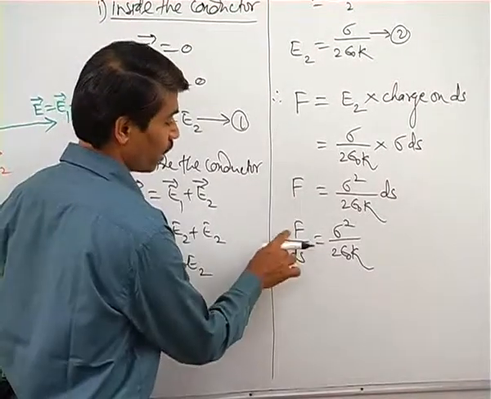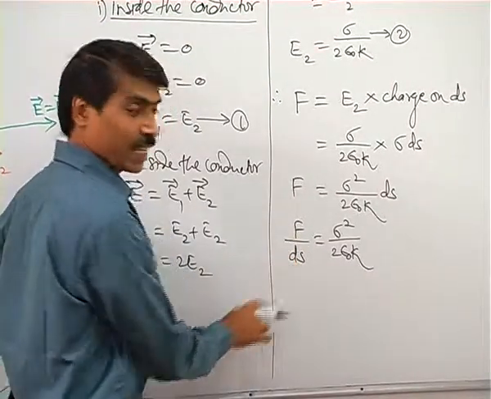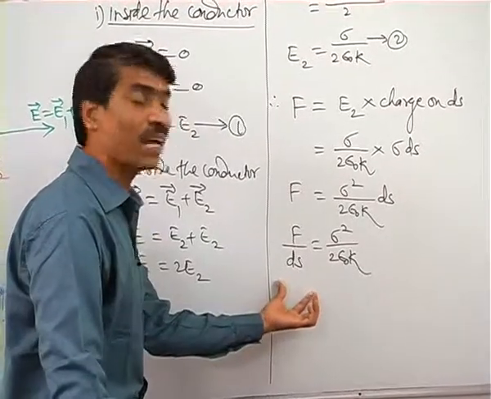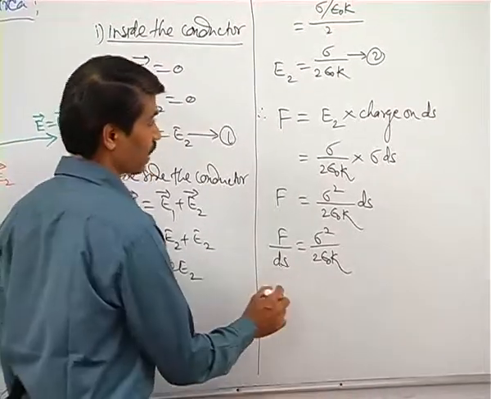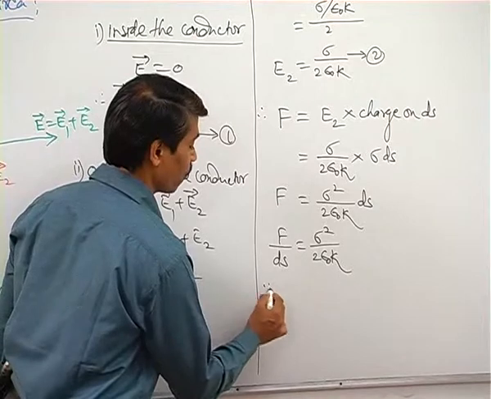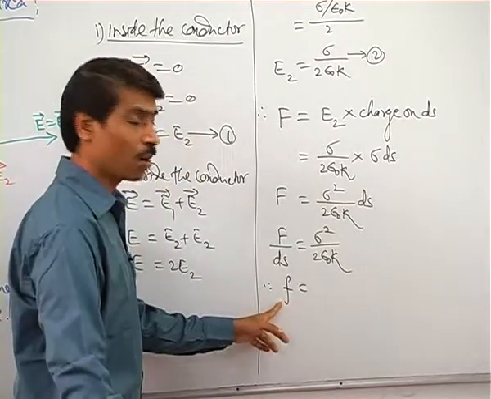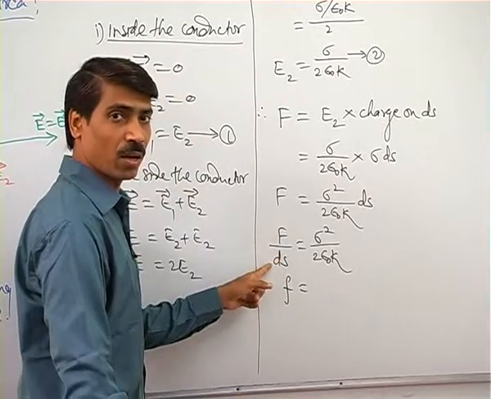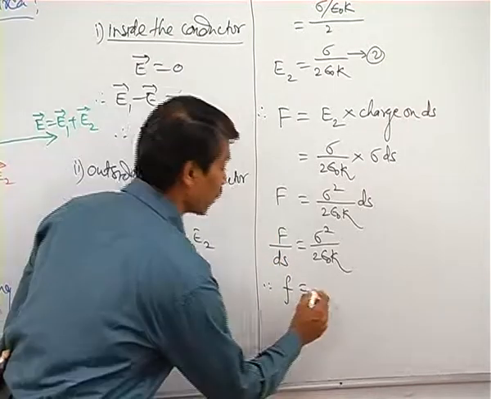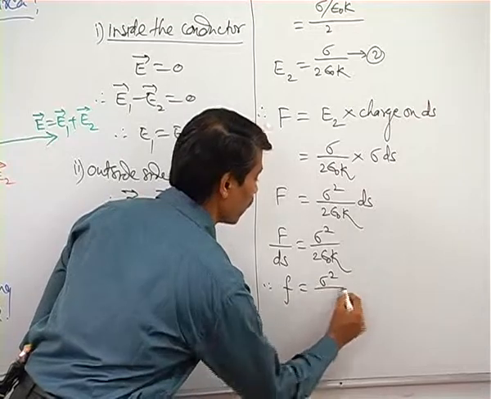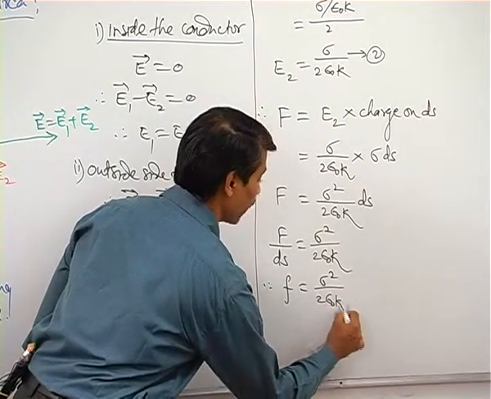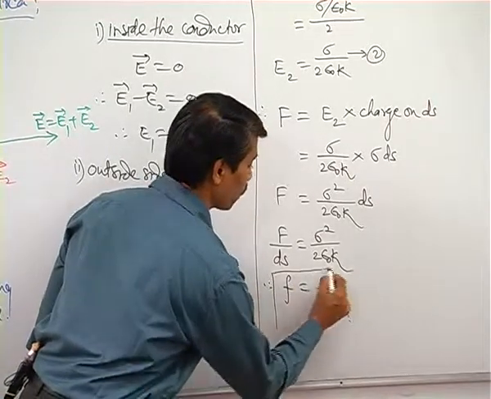If we denote force per unit area by the small letter f, then one can write the expression this way. Small f, the letter used for mechanical force per unit area, is equal to sigma square divided by 2 epsilon naught k. So this is the force formula.